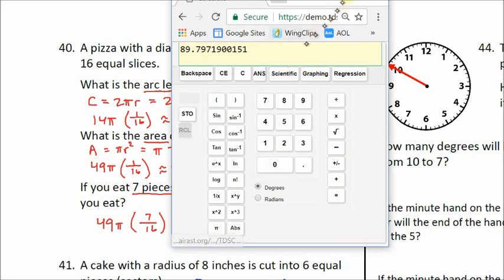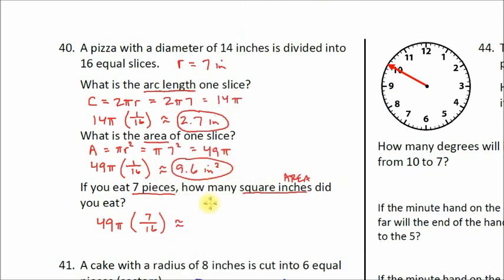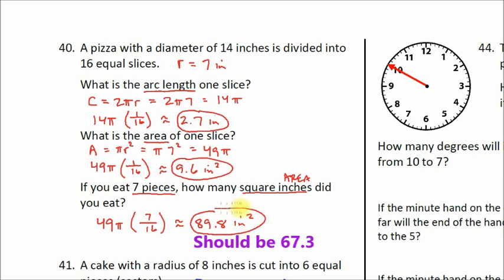That's 89.8. So approximately 89.8. And this is still area, so 89.8 inches squared. Alright, so there's how to deal with the pizza piece problem. Try to do number 41 on your own. Pause the video and then come back and take a look at your answers.